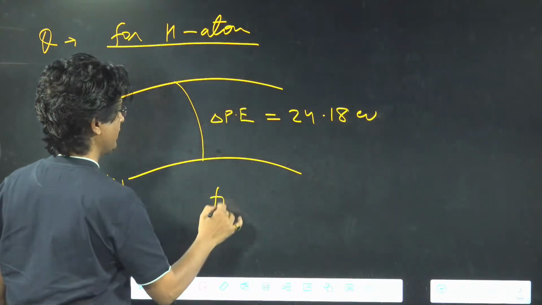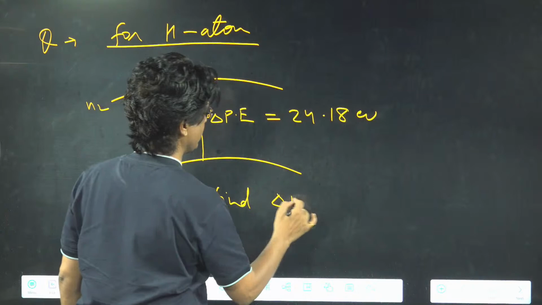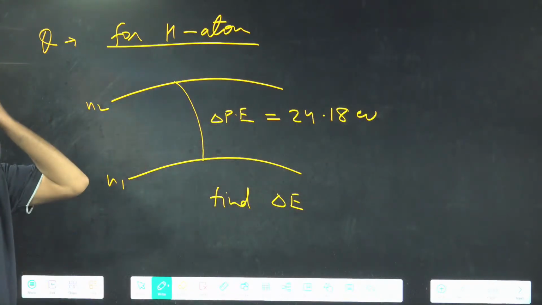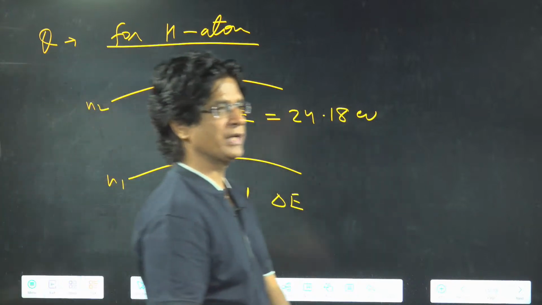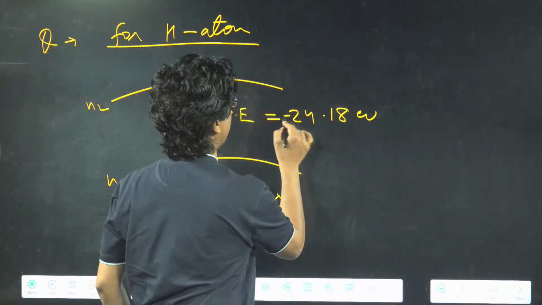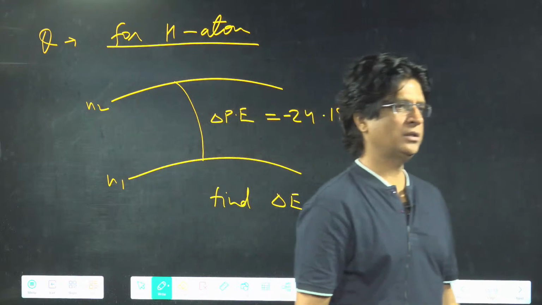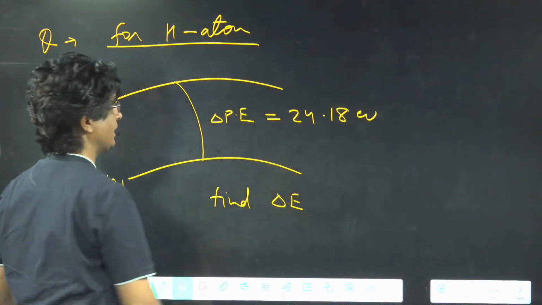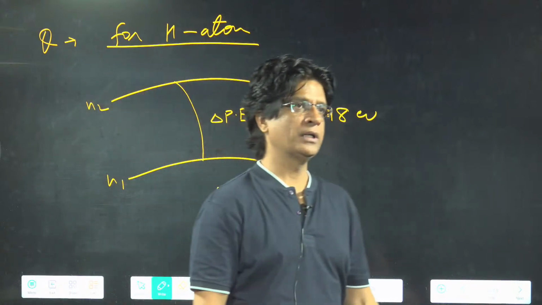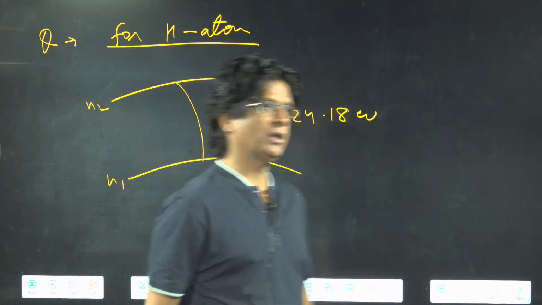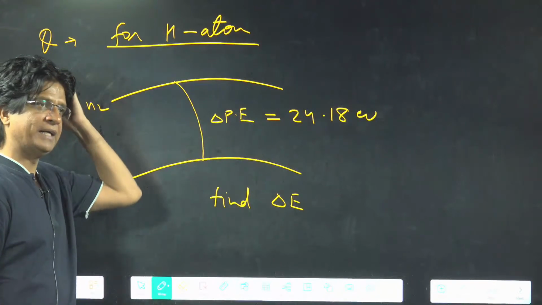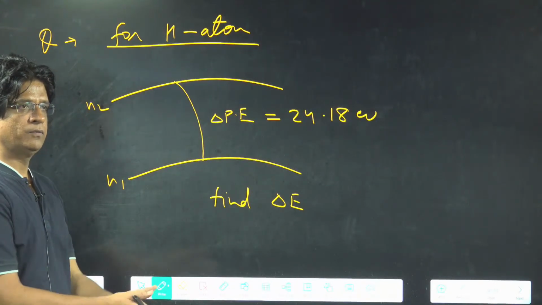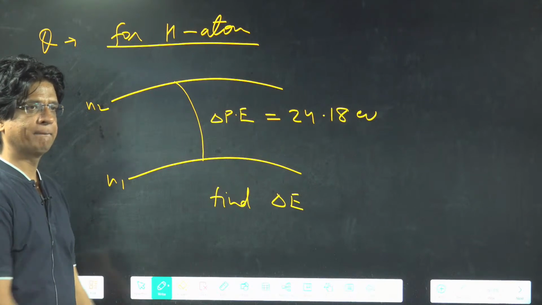They're saying find delta E. Delta PE is given as minus 24 point, or you can keep it 24.18, because delta is always higher minus lower. Keep it 24.18. Find delta E.